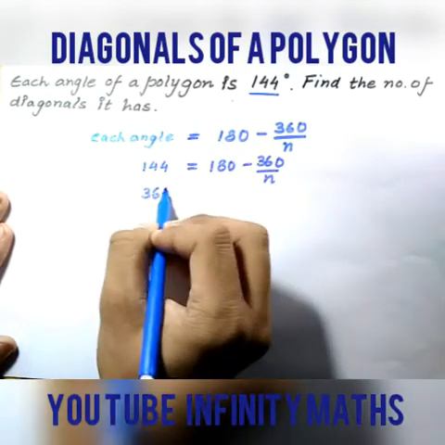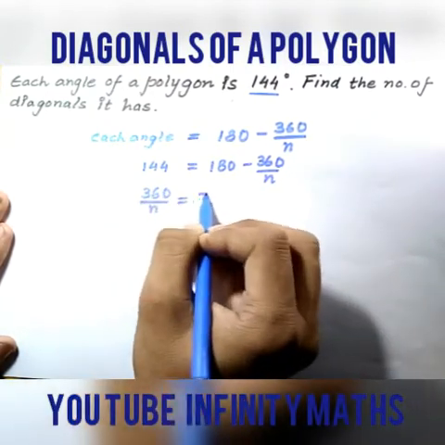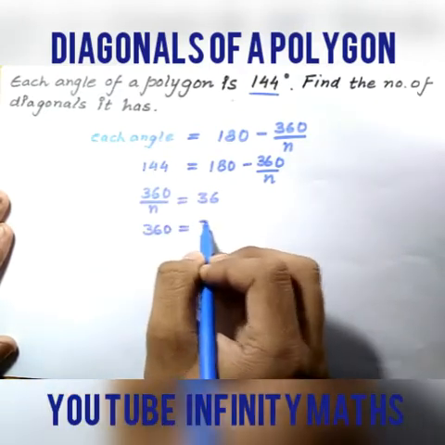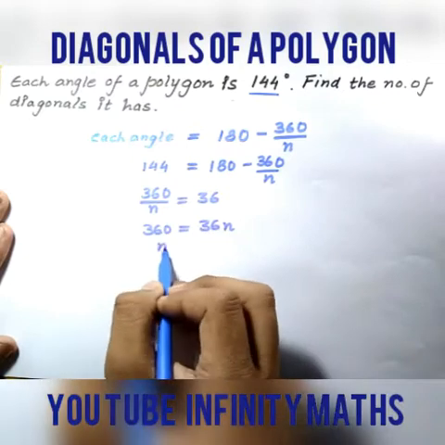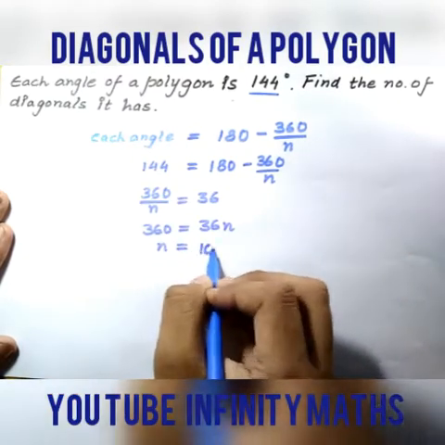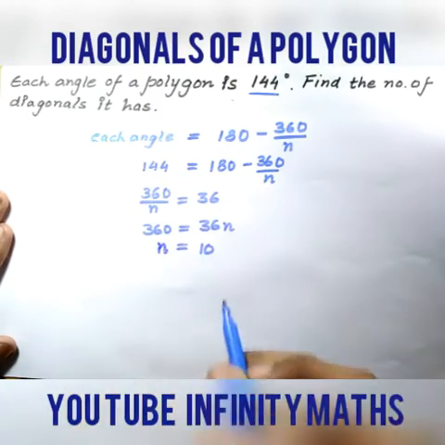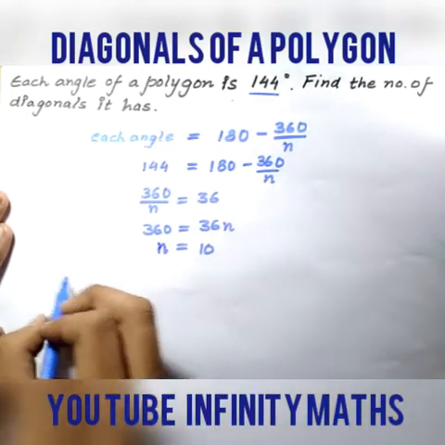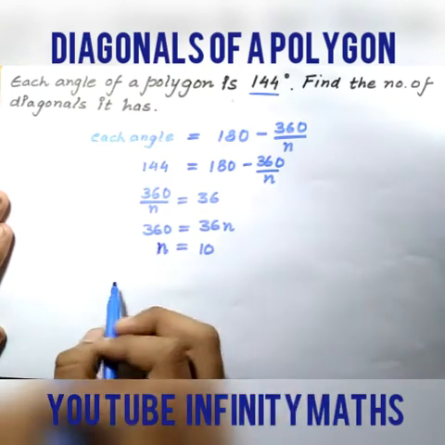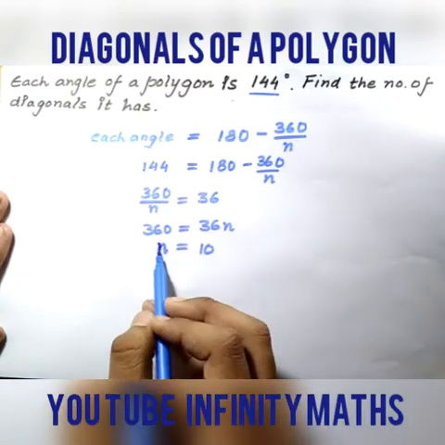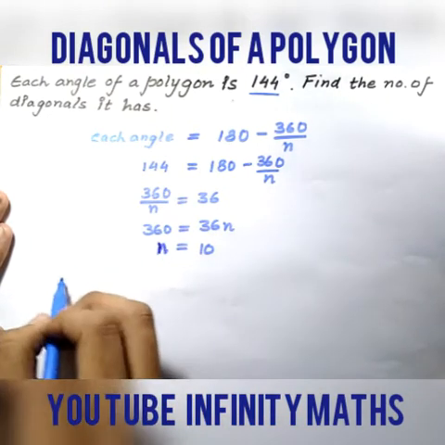It is 360 upon n equals 36. 360 equals 36n, and n equals 10. Now we have got n equals 10. Now we have to calculate the number of diagonals of a polygon which has 10 sides.